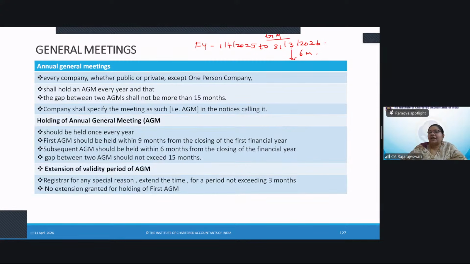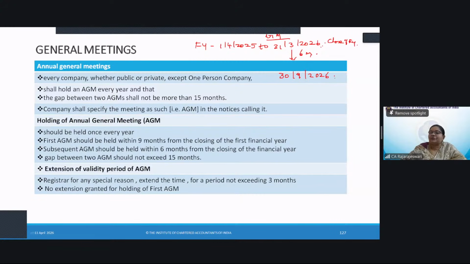March, April, May, June, July, August, September. So the last date by which your AGM ought to have been held is 6 months from the close of the financial year. This 31/3 is the close of the financial year, and from that date, 6 months time limit is there.